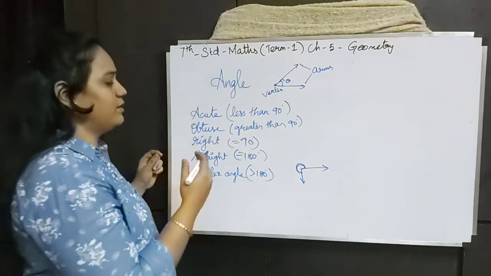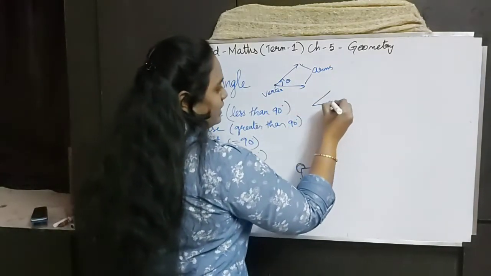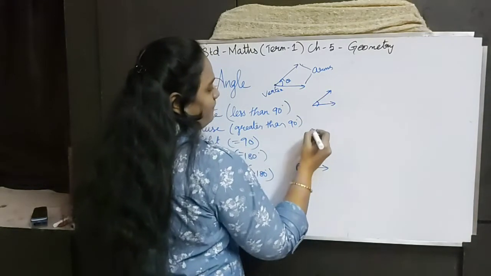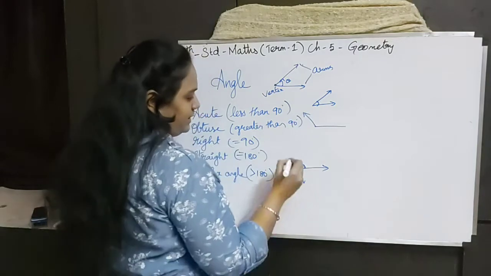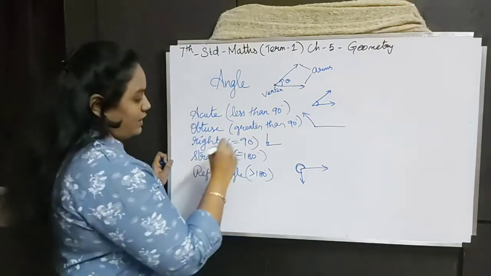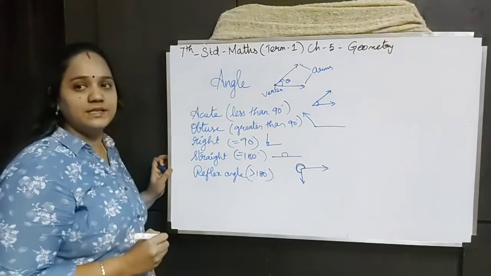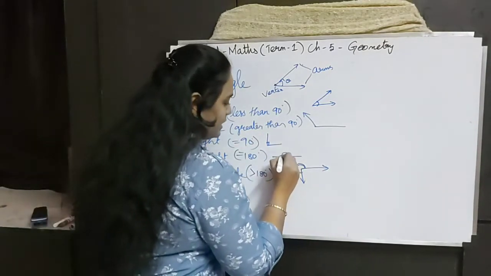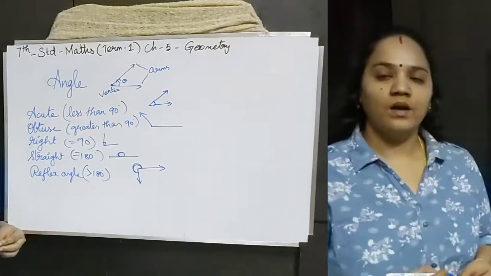Let me draw each and every angle here. Acute angle will be less than 90 degree. Obtuse angle greater than 90 degree, right angle equal to 90 degree, straight angle is 180 degree. The reflex angle I have drawn already.